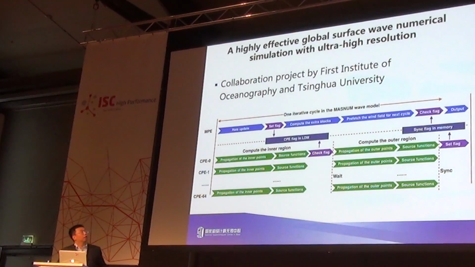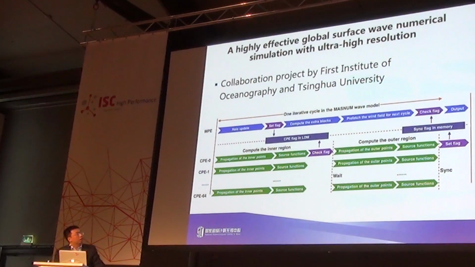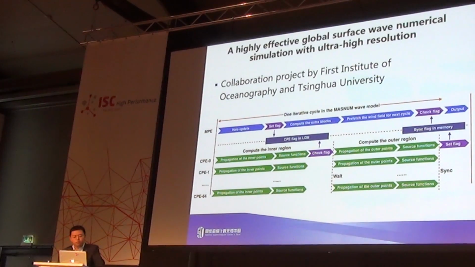The second one I want to mention is the global surface wave simulation, a collaboration project by the First Institute of Oceanography and Tsinghua University. Again, one of the major approaches here is to consider the algorithm and try to achieve a balanced and synchronized utilization of both the MPE and all the 64 CPEs.